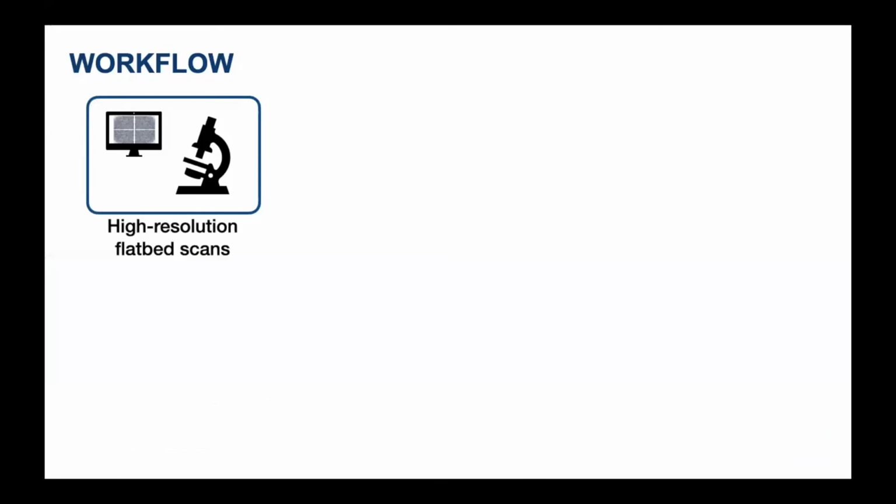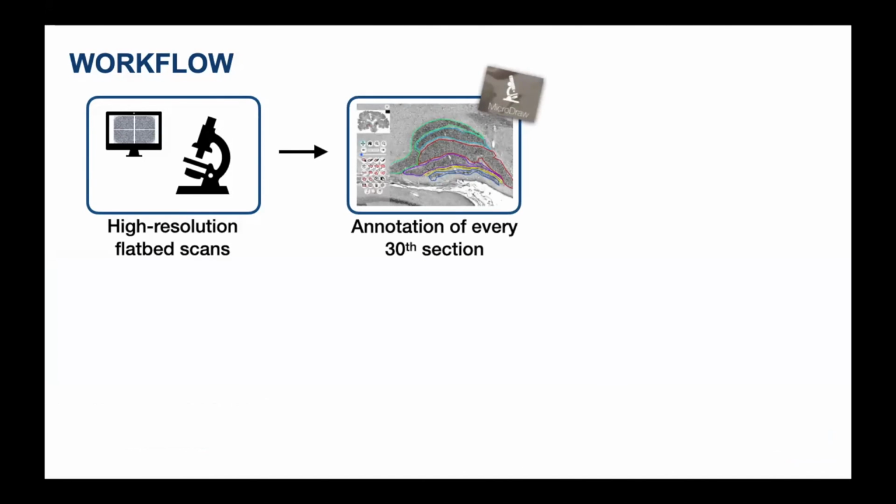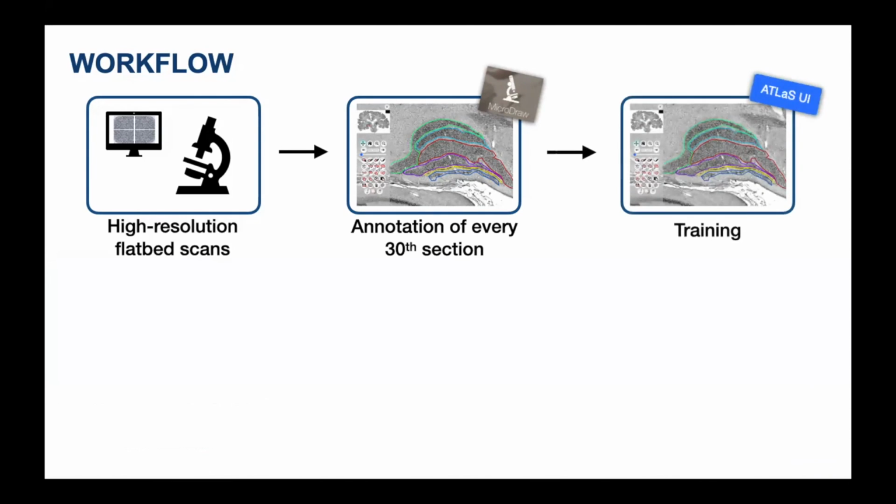To give you a short overview of what we did, we took high resolution flatbed scans. We annotated every 30th section of every layer of our structure using MicroDraw. And we trained the network that was just presented by Christian Schiffer.